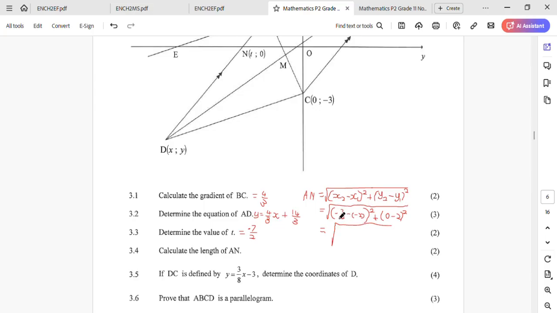This is positive 2. Okay, so 2 times 2 is 4. Minus 7 plus 4 is minus 3 over 2, and squaring that, we get 9 over 4.